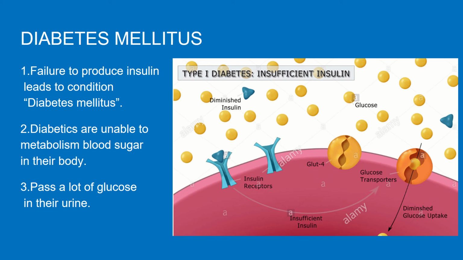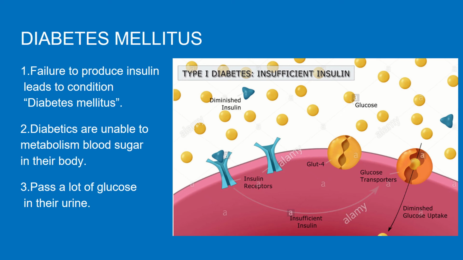Diabetes mellitus. Failure to produce insulin leads to a condition called diabetes mellitus. What happens in diabetes mellitus? Diabetics are unable to metabolize blood sugar in the body.